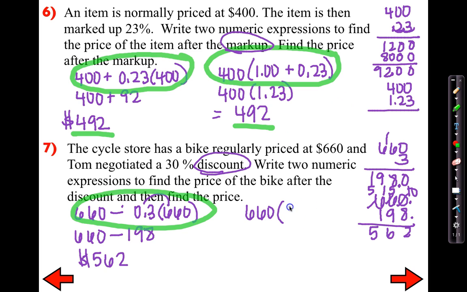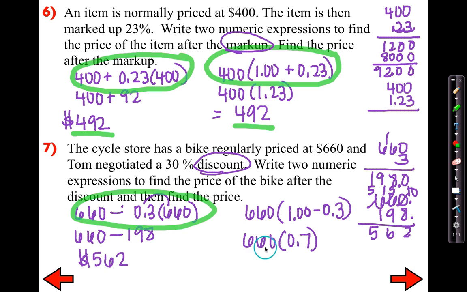I'm just taking 1 and subtracting the 30%, which gives me 660 times 70%. Let me plug it into a calculator real quick to double check that I multiplied everything correctly. And I did make another mistake.